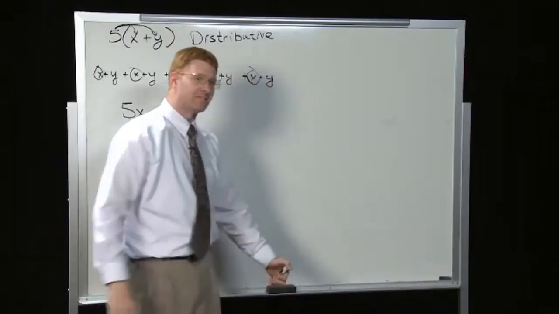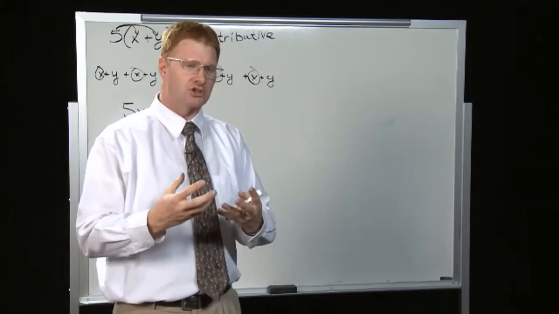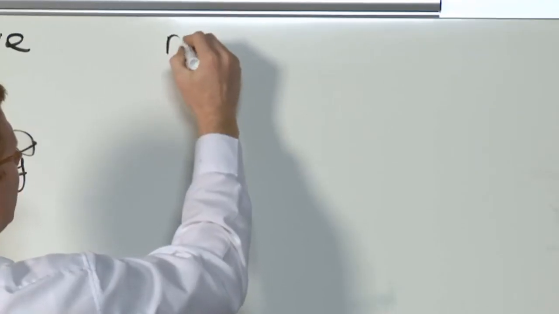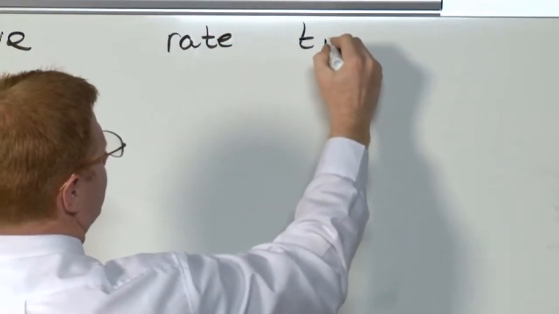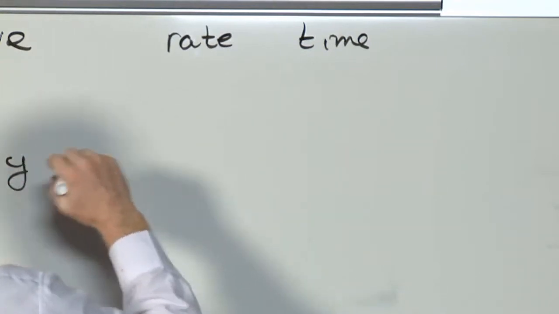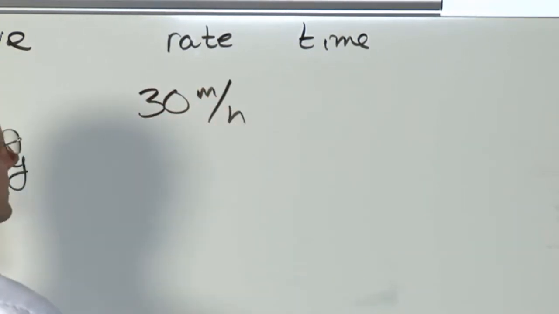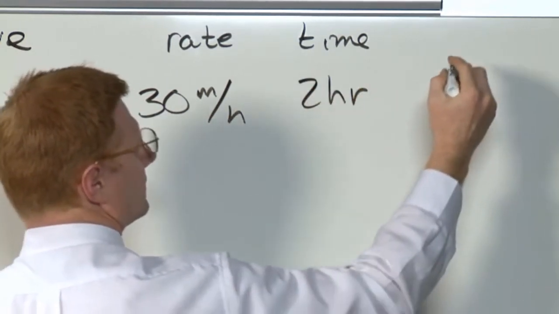The first thing you should know is that formulas were kind of invented as a way to make sure you always kept the same pattern. Let's say we have a certain rate of speed and a certain time. Say you went 30 miles per hour and you did that for 2 hours.